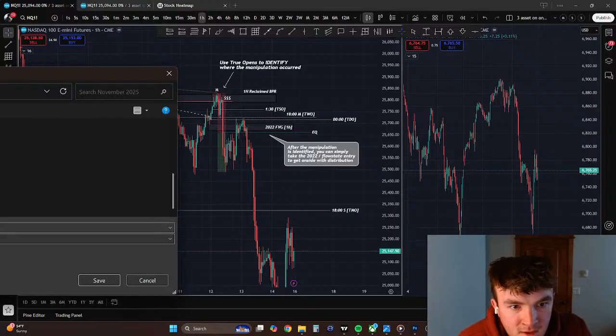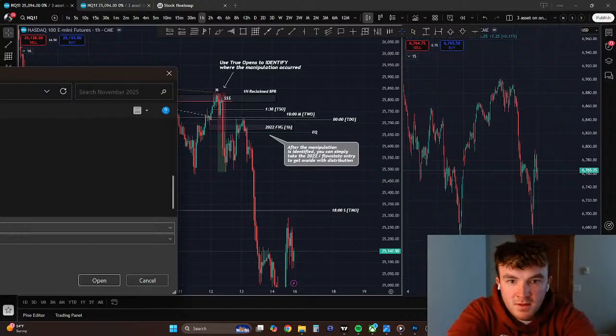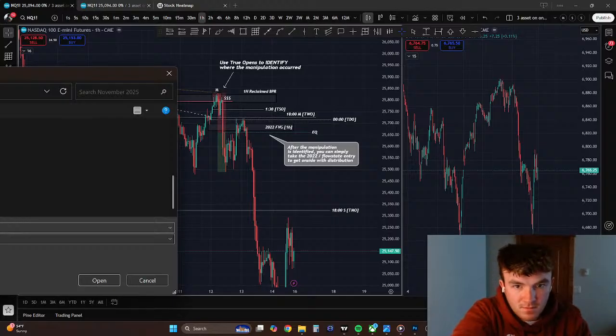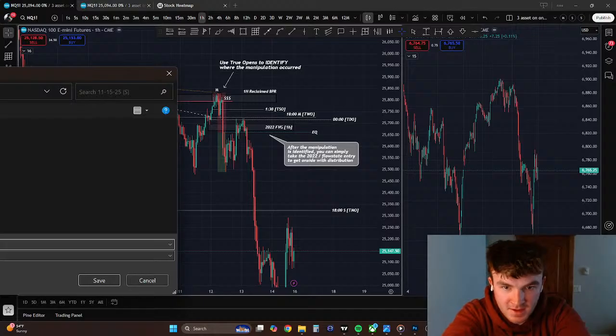Okay. Use true opens to identify the manipulation to get onside with distribution.